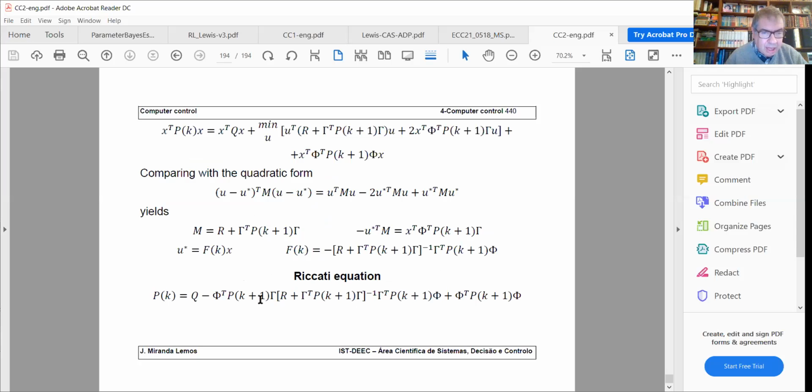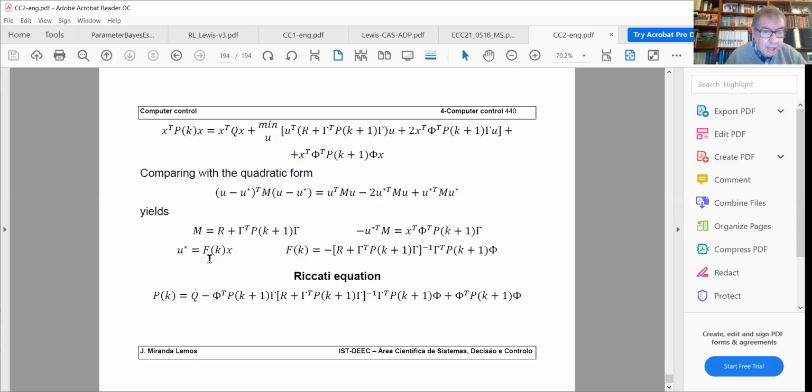So this becomes an algebraic equation. Put here some P that does not depend on k, and here the same P that does not depend on k plus 1. And so you have an algebraic equation that you can solve using numerical methods.